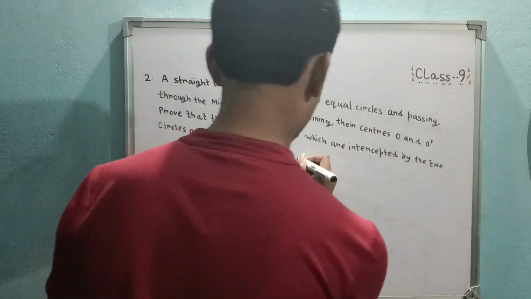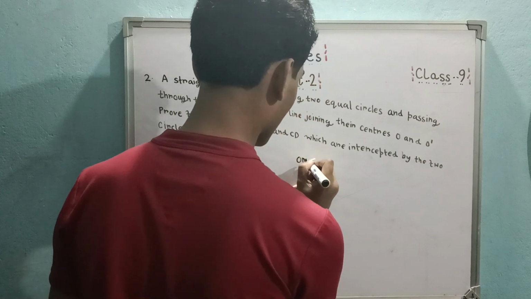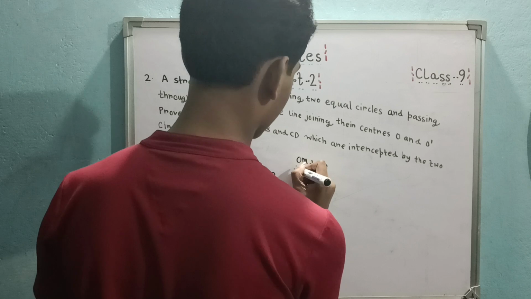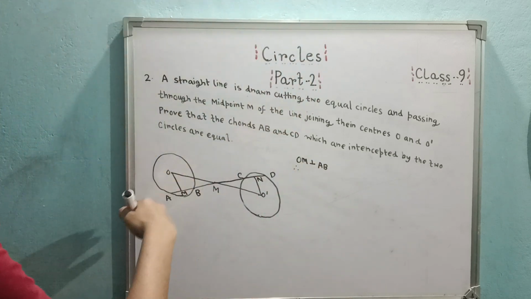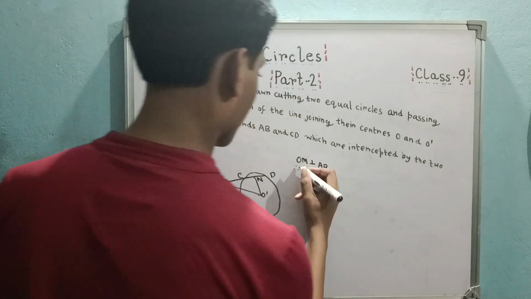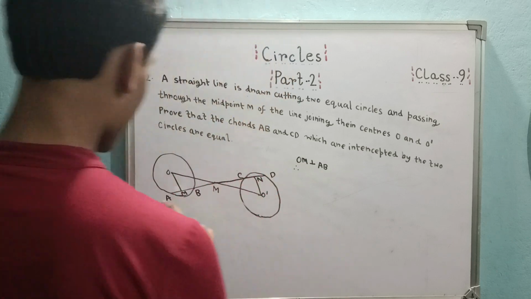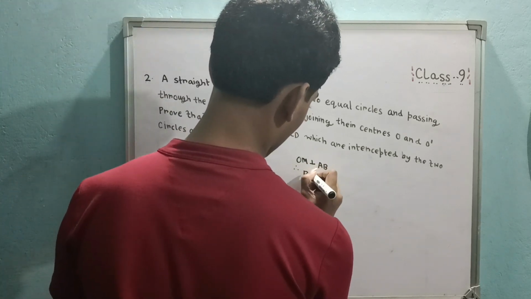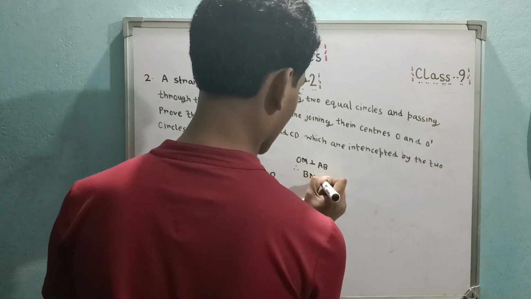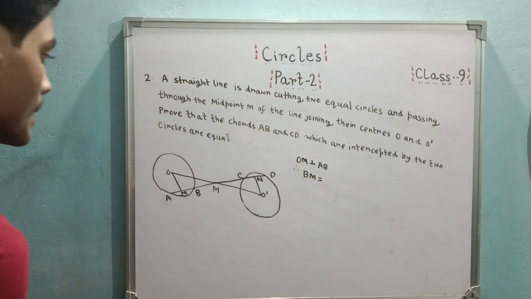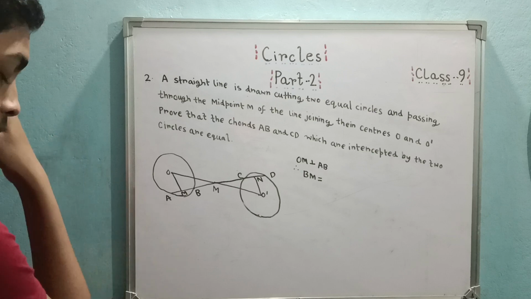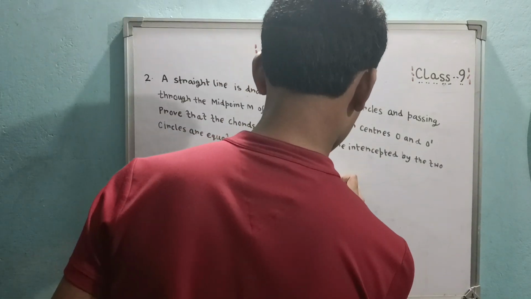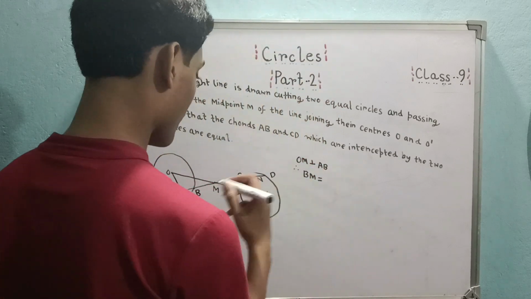Obviously, as OM is perpendicular to AB, therefore BM equals AM, which is 1 by 2 into AB actually.